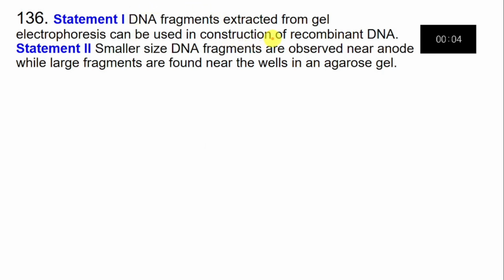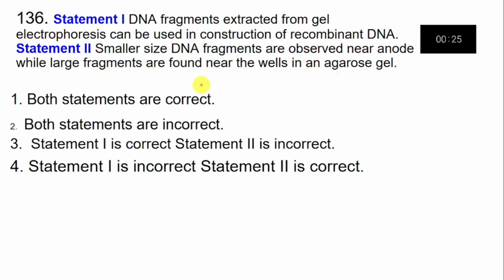DNA fragments extracted from gel electrophoresis can be used in construction of recombinant DNA. This is a correct statement. Smaller size DNA fragments are observed near the anode. Correct, while large fragments are found near the wells in agarose gel. Both the statements are correct, so option 1 is the answer. This is the usual way it is extracted from the gel and then used in construction of recombinant DNA.